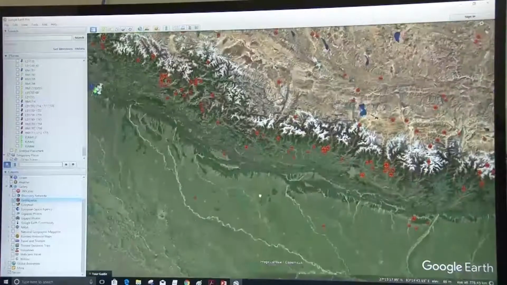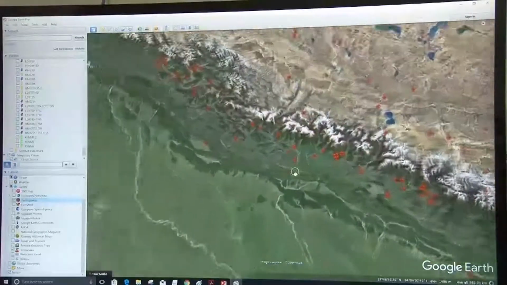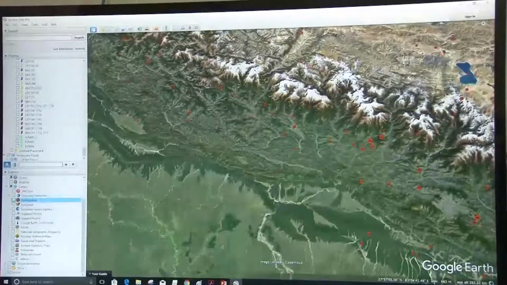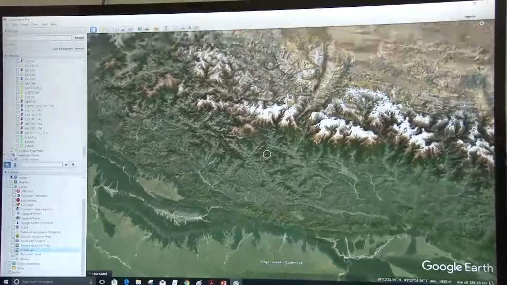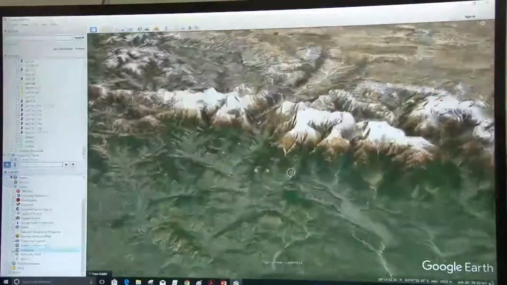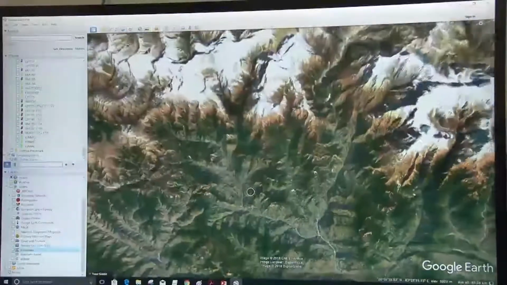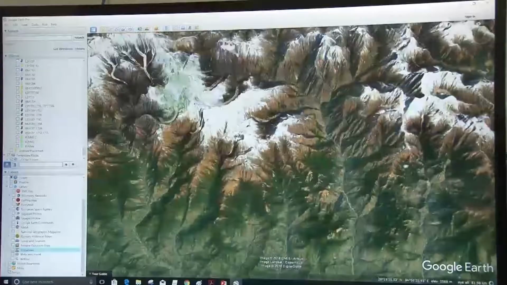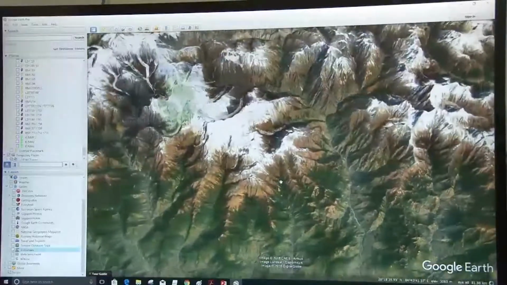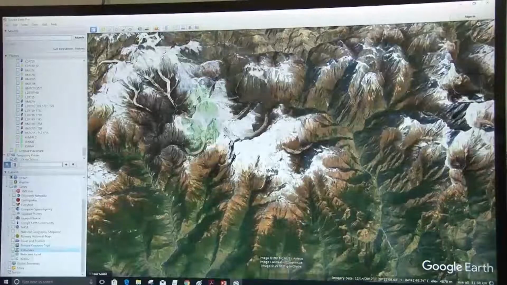So if we talk about the drainage, you can very easily see here that there is initiation of the streams at the highest elevation.